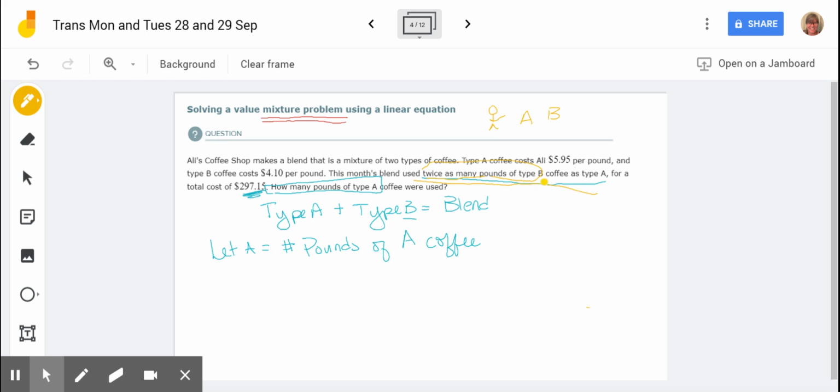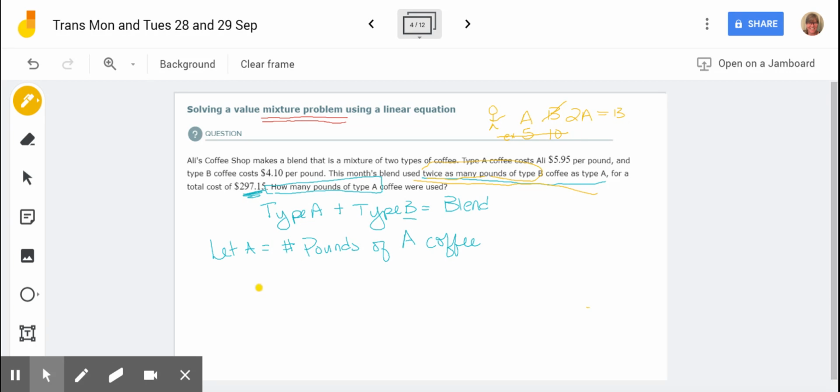Twice as many pounds of type B coffee as A means that if I used 5, just as an example to help me understand it, I would use 10 for B, right? Okay, so instead of B, I'm going to write twice A. That is B. B equals 2A. We have now defined B in terms of A.